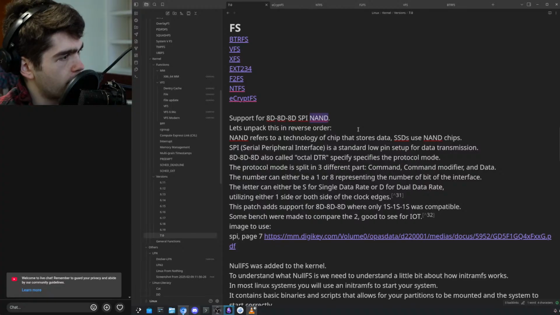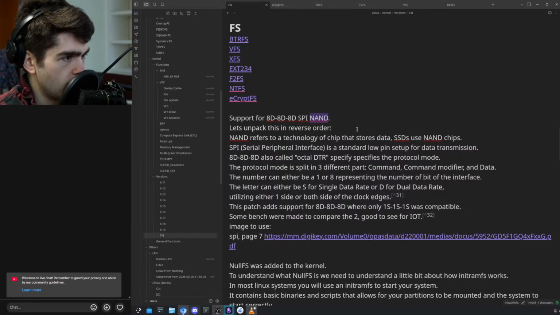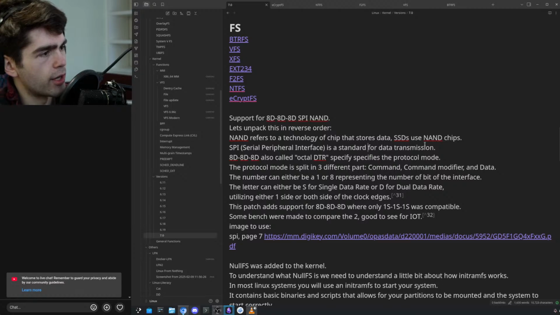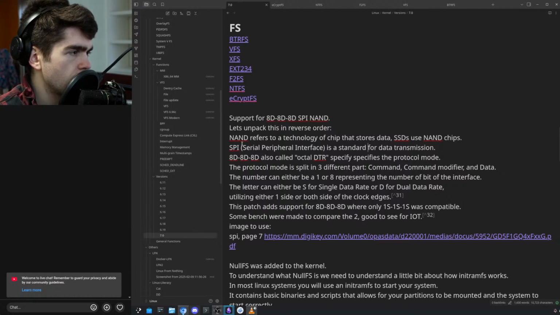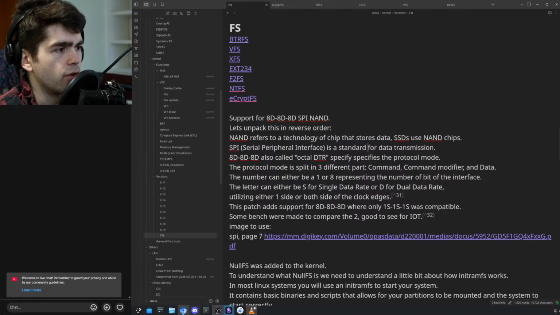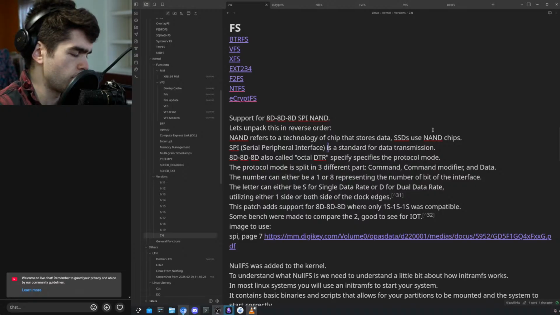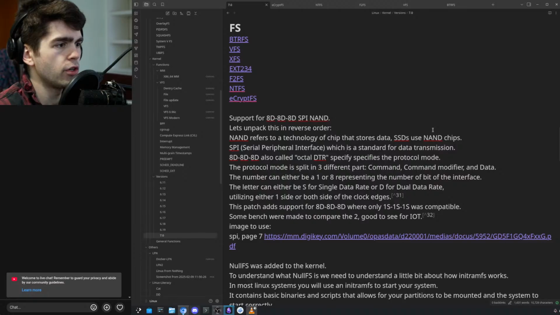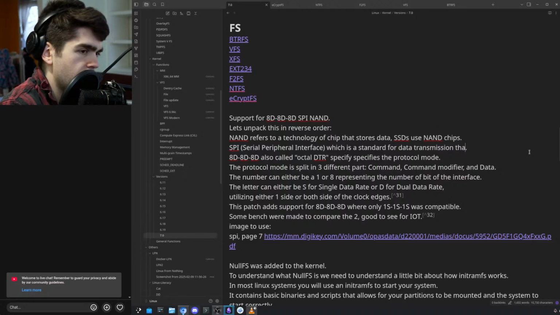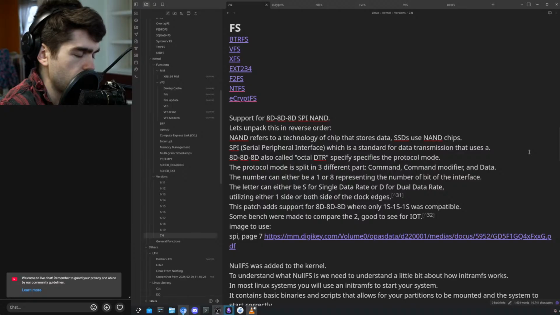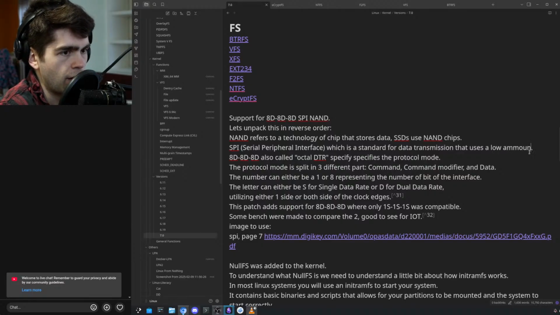SPI stands for Serial Peripheral Interface, which is a standard for data transmission that uses a low amount of pins.